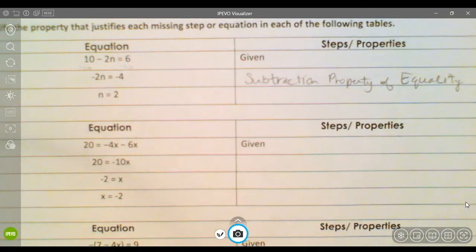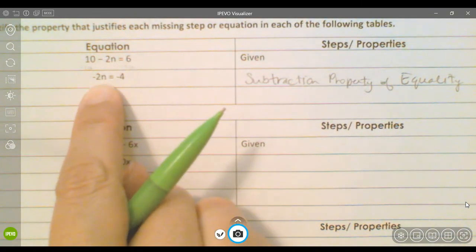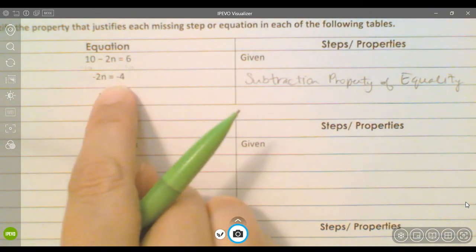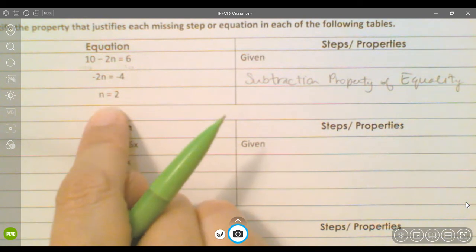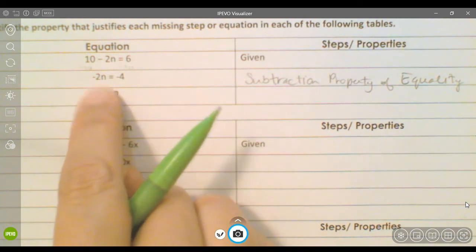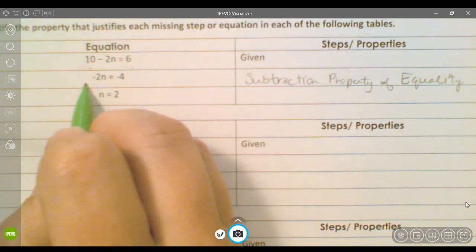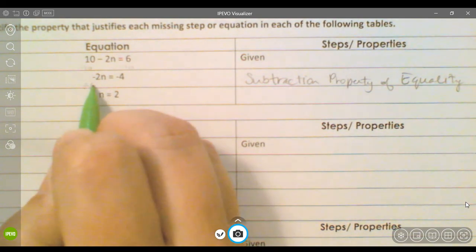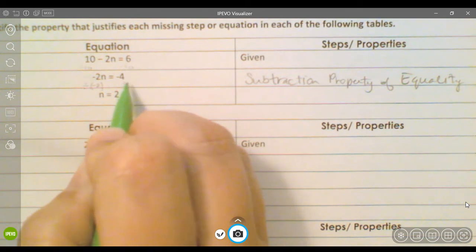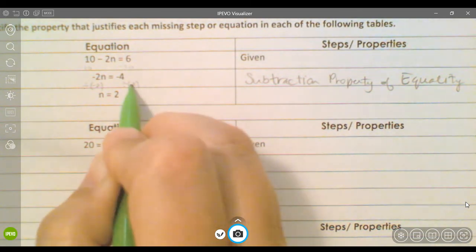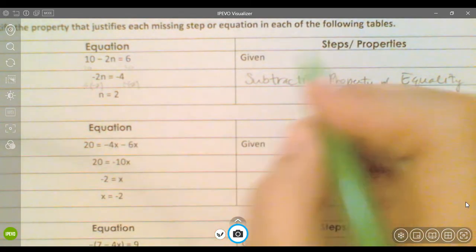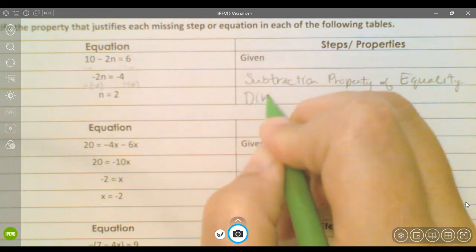All right, and now I go from negative 2n equals negative 4 to n equals 2. What did I do here? How did I go from negative 2n to n? Well, it looks like I divided by negative 2 on both sides. What property lets you divide by negative 2 on both sides?